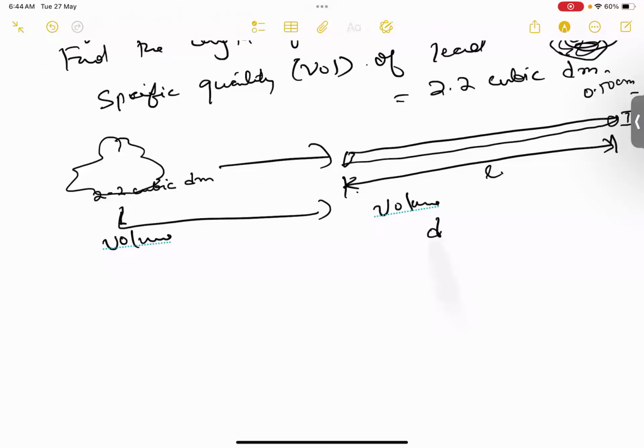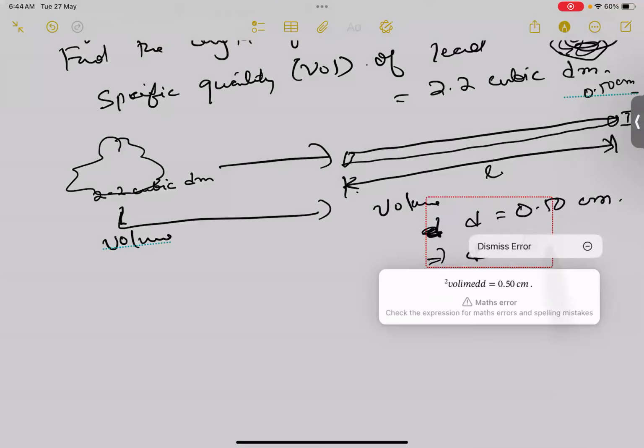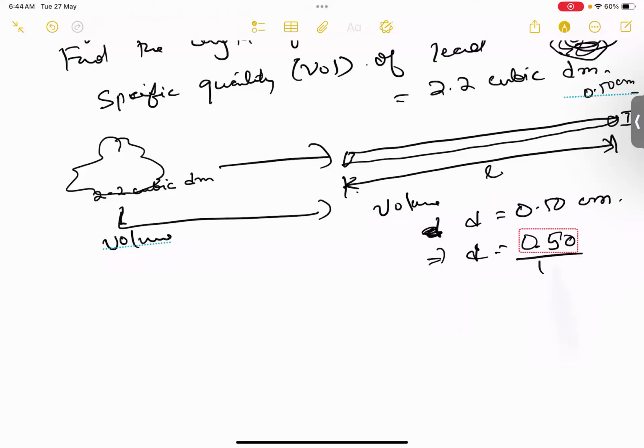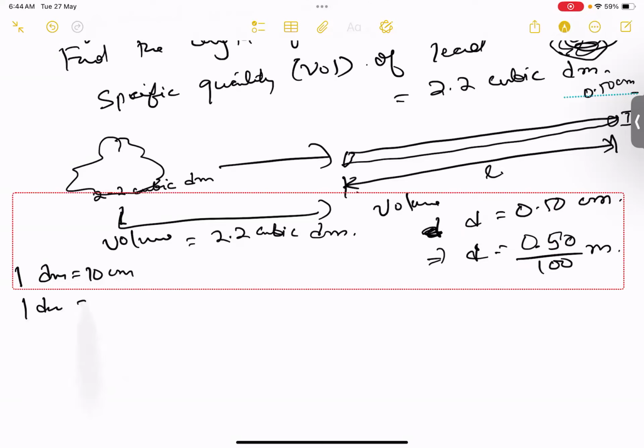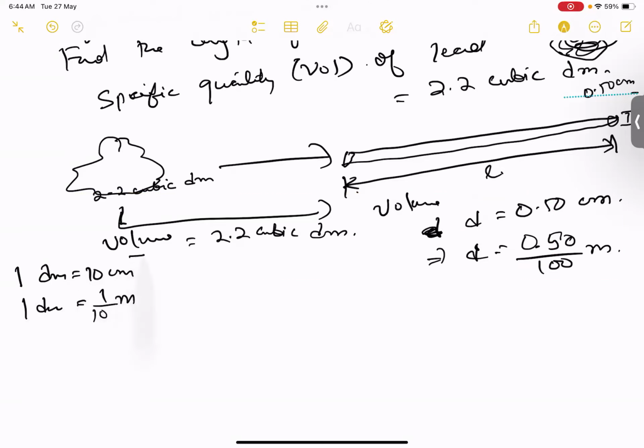So we know the diameter is 0.50 centimeter. Now you just convert that into meter. Diameter is equal to 0.50 divided by 100 meter. Now again, the volume is 2.2 cubic decimeter. 1 decimeter is equal to 10 centimeter, or 1 decimeter is equal to 1 by 10 of a meter.